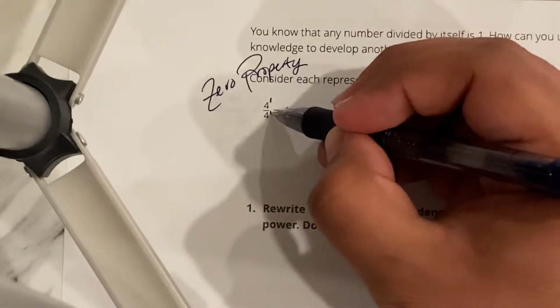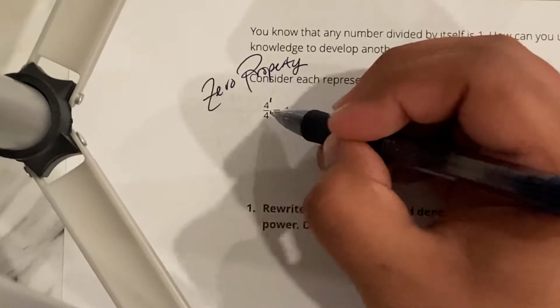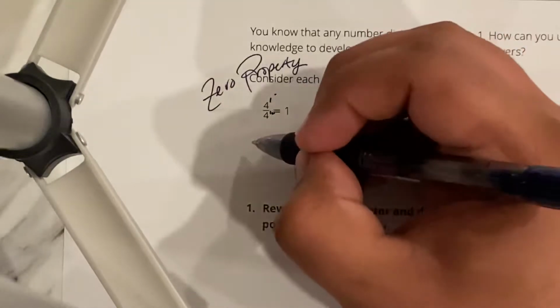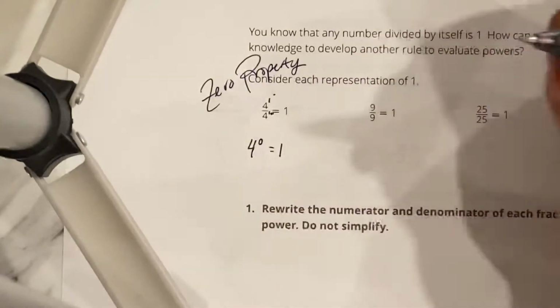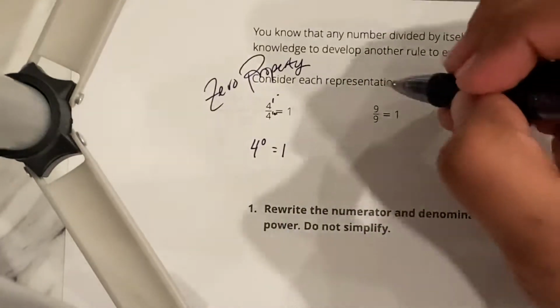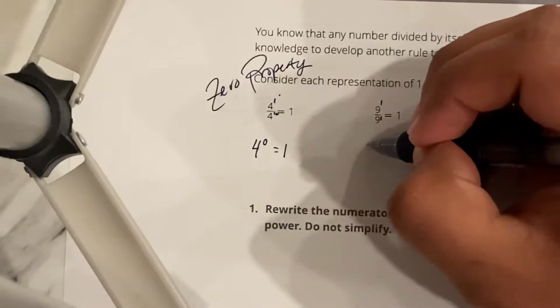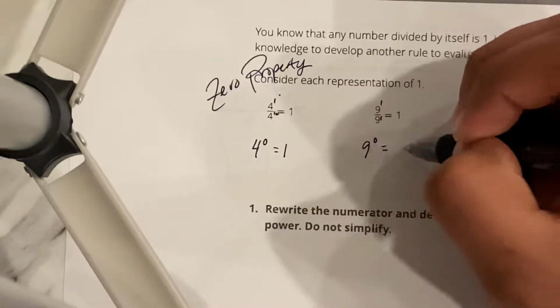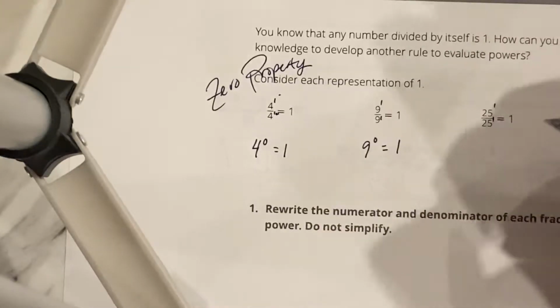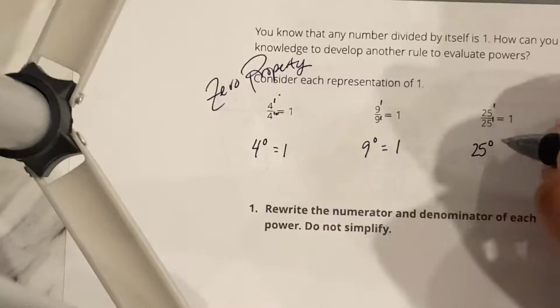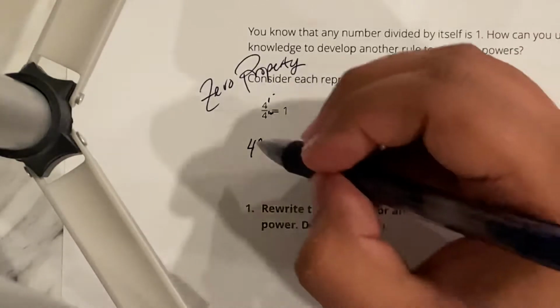If we do the subtracting like we did in the quotient rule, 1 minus 1 is 0. So this would be 4 to the 0, which gives me 1. Same thing for the other two. 1 minus 1 is 0, so 9 to the power 0 is also 1. And finally, 1 minus 1, that is 25 to the power 0, which is also 1.